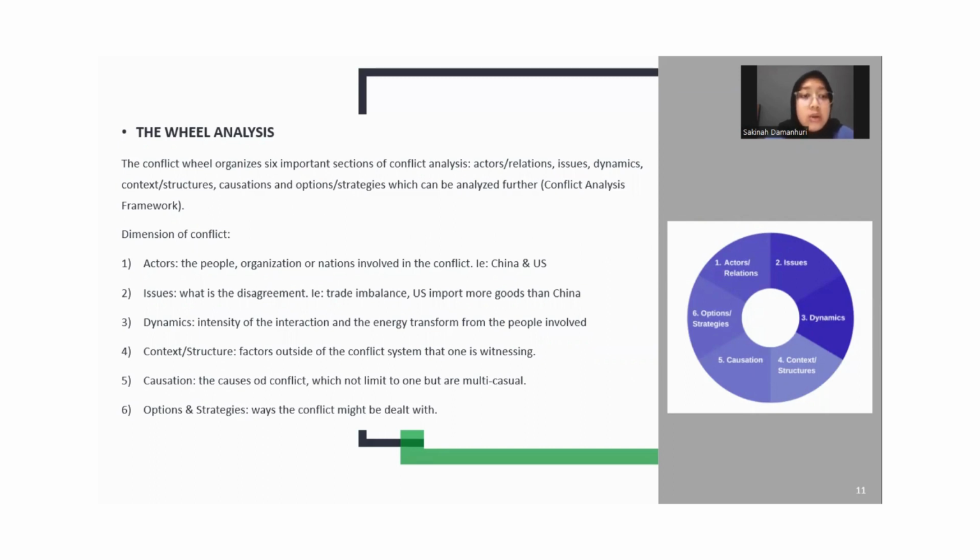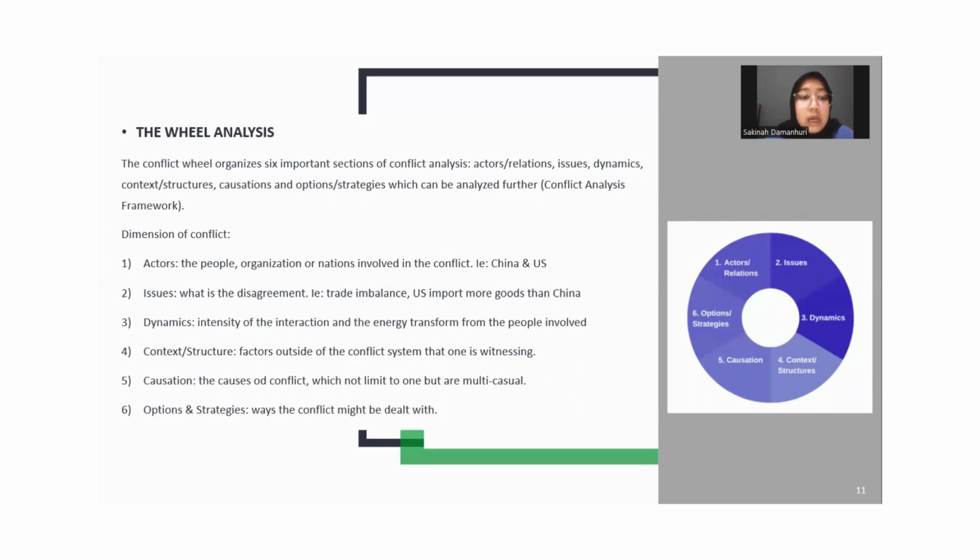So the issue, what is the disagreement? For example, trade imbalance, the US imports more goods than China. The dynamic is the intensity of the interaction and the energy transformed from the people involved. So the fourth part is the context or structure, which is the factors outside of the conflict system that one is witnessing.